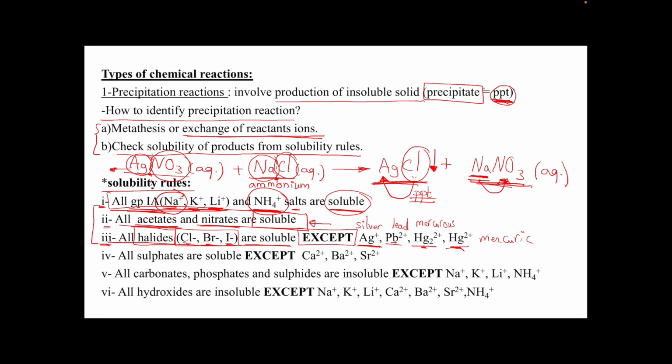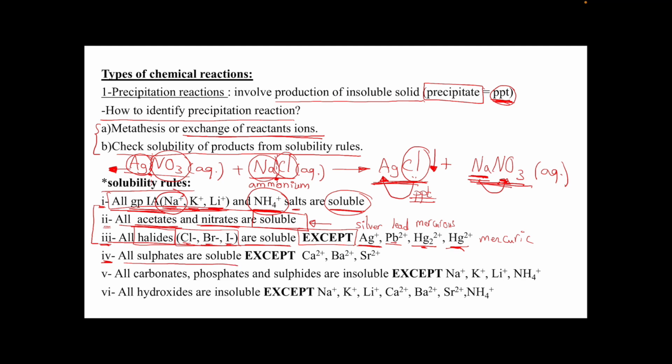From the solubility rules we could identify that this is a precipitation reaction that results in the formation of silver chloride as a precipitate. Let's continue to the remaining solubility rules.